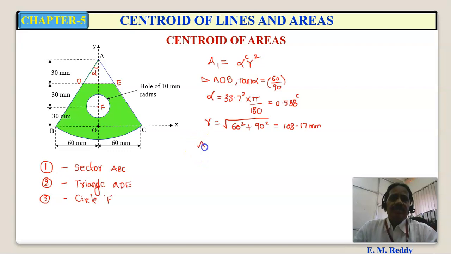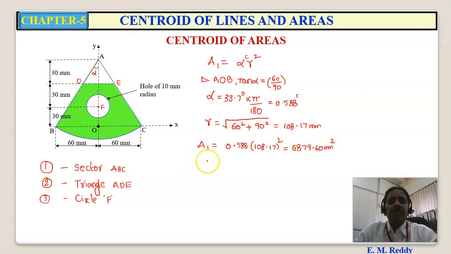Now A1 is equal to alpha in radians 0.588 into R square, 108.17 whole square. So this gives you 6879.6 mm square.